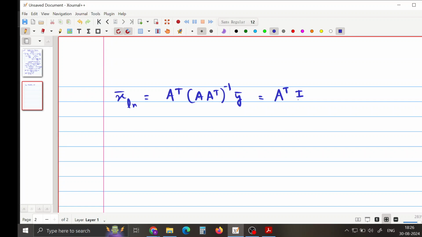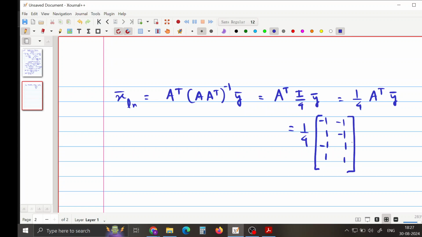It is identity by 4 times y bar, so that is the same as 1/4 A transpose y bar. I already have the knowledge of A and y bar, so I'll just substitute for them, and what I will find is -4 2.